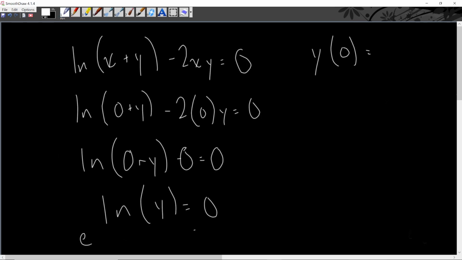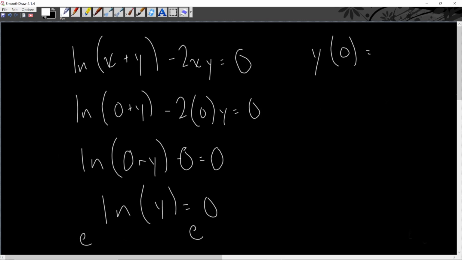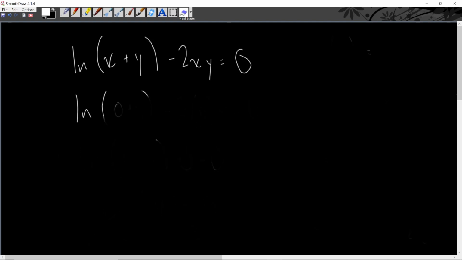So let's put e to the power on both sides, and then from here we can get a nice 1. So e and ln cancel out here, we'd have just y, and then e to the power of 0 is going to be 1. So our point that we are going to plug in to our dy/dx is going to be (0, 1). Alright, and then from here, we're going to have quite the derivative.